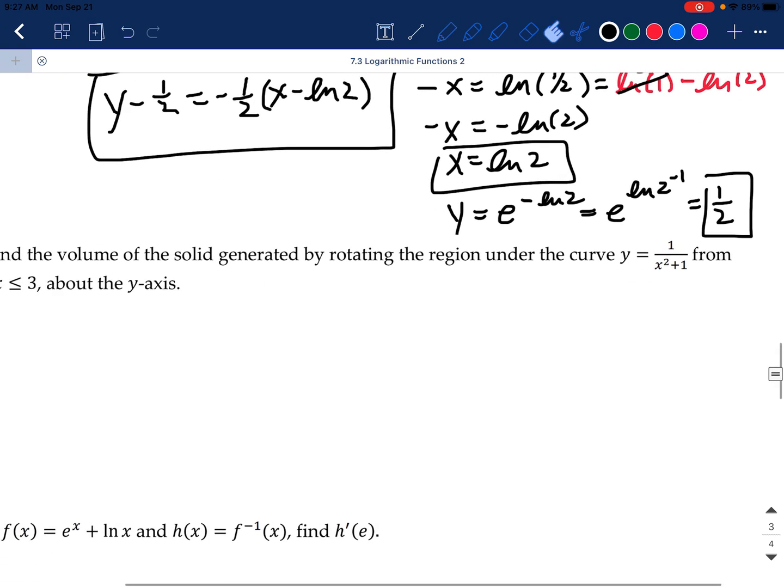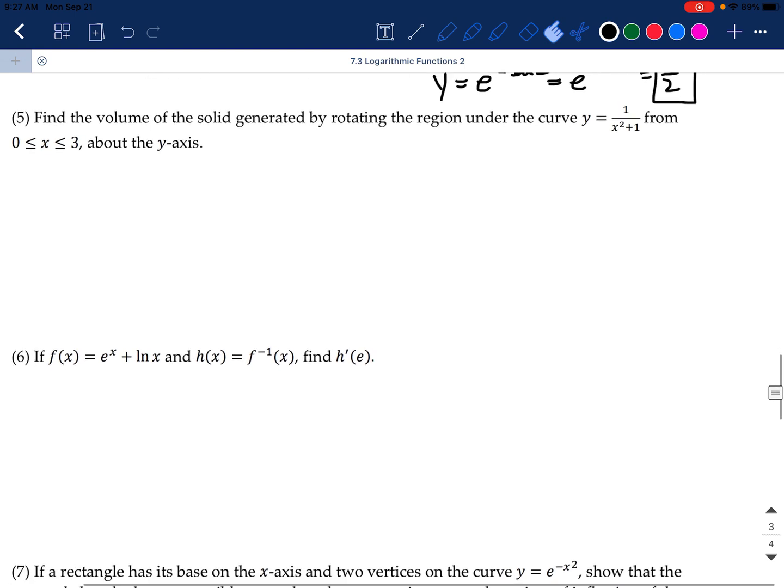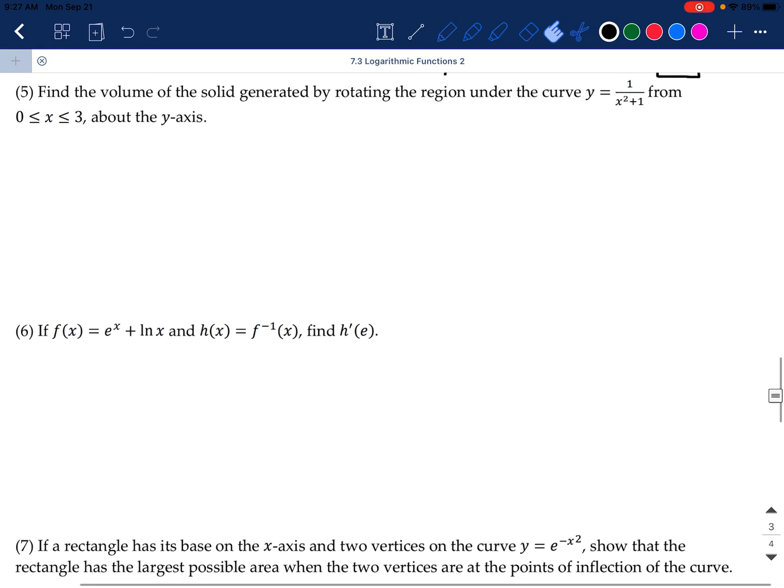All right, so moving on, we've got number 5 here. It says find the volume of the solid generated by rotating the region under the curve y is equal to 1 over x squared plus 1, from x is between 0 and 3, about the y-axis.